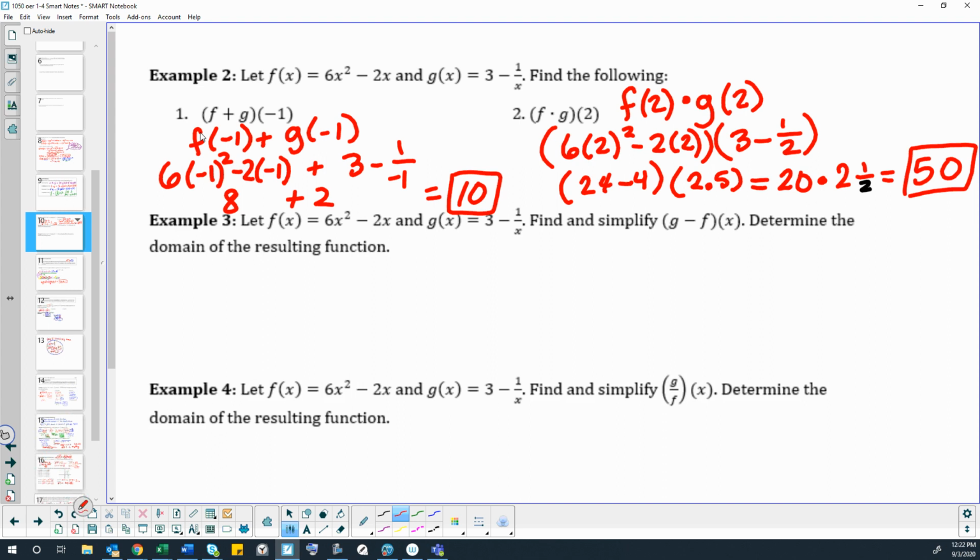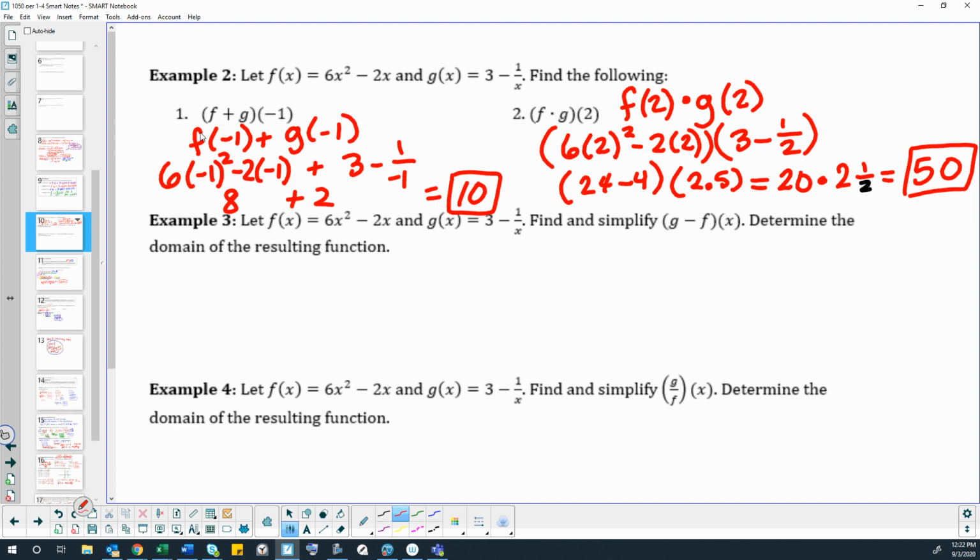Okay, so the difference between the instructions on example 2 and the instructions on example 3 is that this time we're going to look at the domain, see if that has been affected at all by what's happened. So let's first look at function f. Is there anything that affects the domain of f? F is just 6x squared minus 2x.